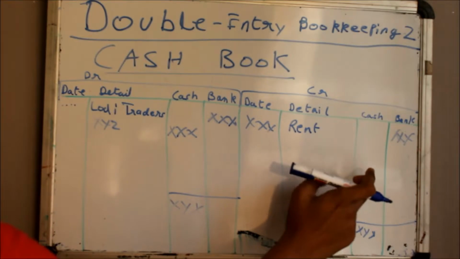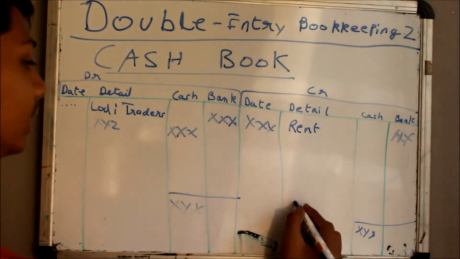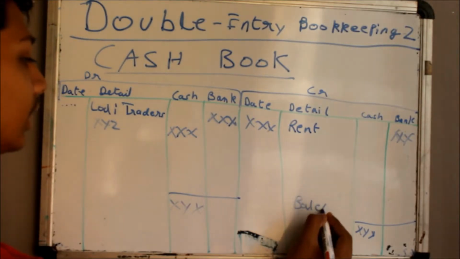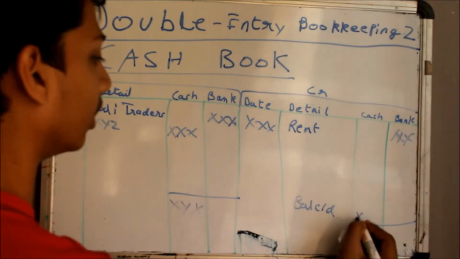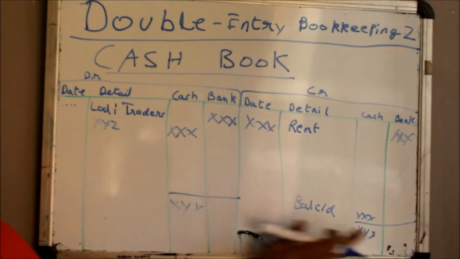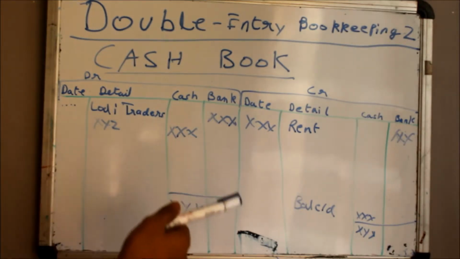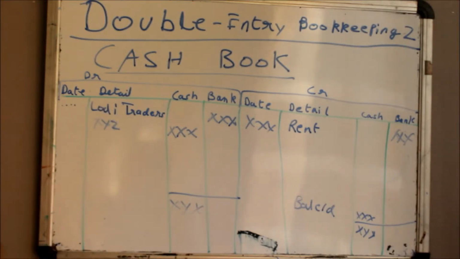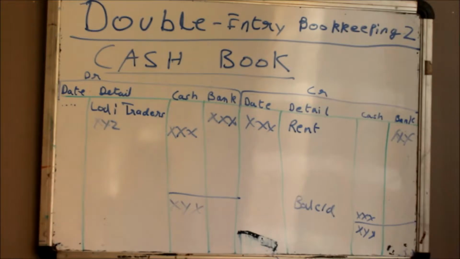Now there is no entry in the cash column for expenses here, so we're going to write the balance carried down, and the difference is going to come over here, so that these two columns are equal. It is usually done by subtracting the lower side from the higher side. Now this is also known as balancing. This balancing is applied in the basic double entry bookkeeping too.